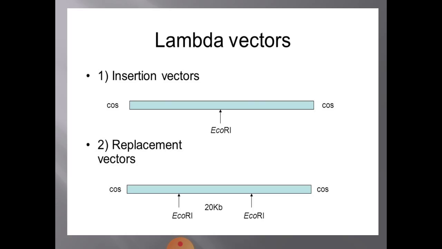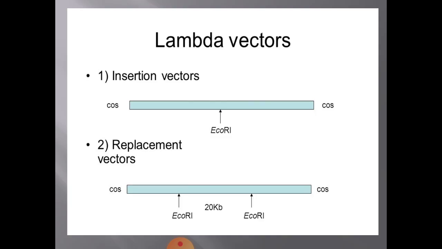Now you can see in the diagram, the first one is the insertion vector. You can see the linear molecule of lambda phage. On either side, it is flanked by cos sites, or cohesive termini, what we call. And in the insertion vector diagram, there is one place for EcoR1, that is the place where there is a target sequence for EcoR1.